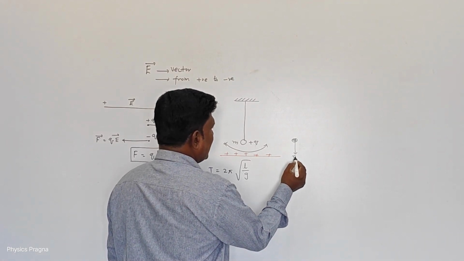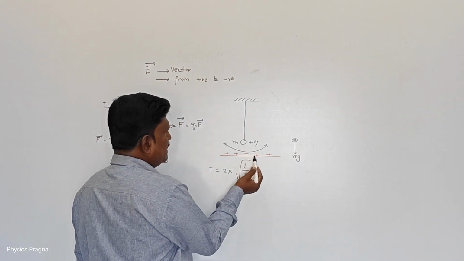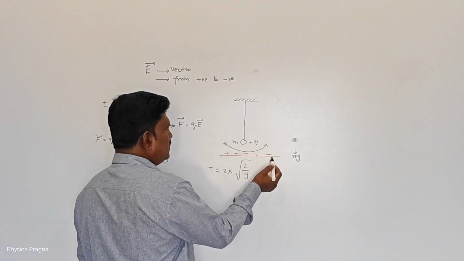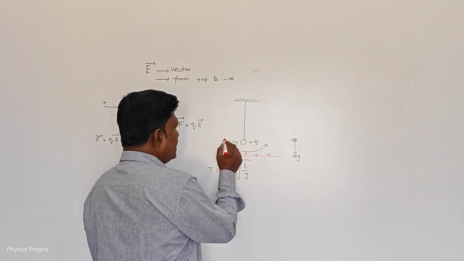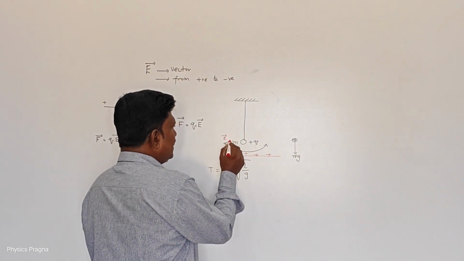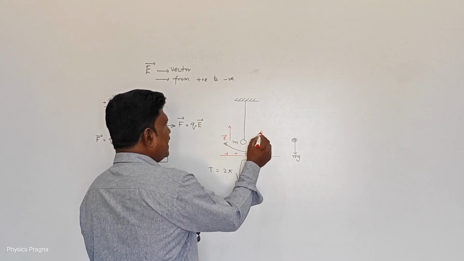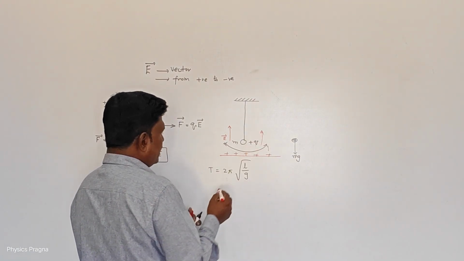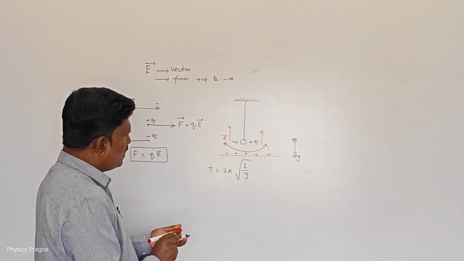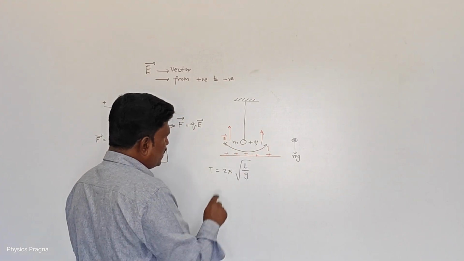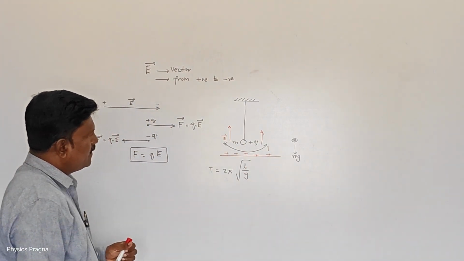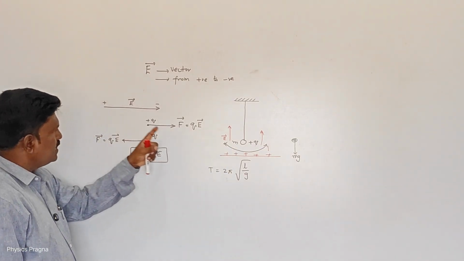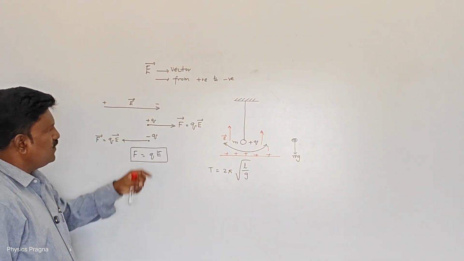Downwards, its weight is acting. See, the electric field is positive to negative. This is the direction of electric field, right? So if the electric field is also there, and a positive q charge is there, this electric field applies the force on this positive charge in the direction of electric field.